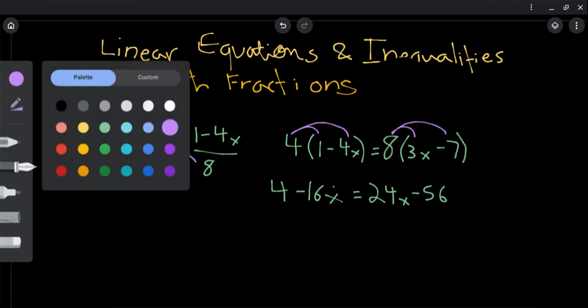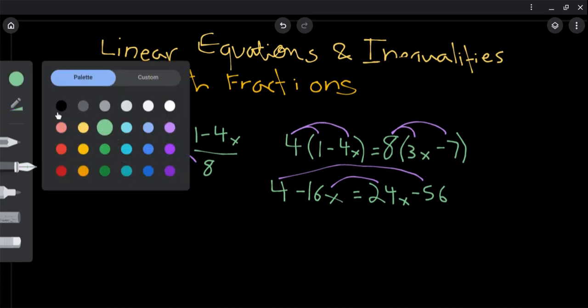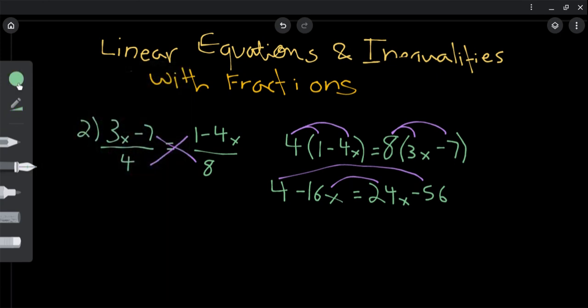So here are the like terms, 16x and 24x, and 4 and 56. So we are going to make sure the like terms are on opposite sides.